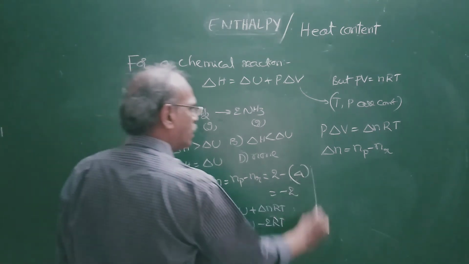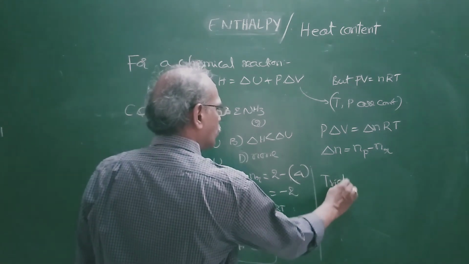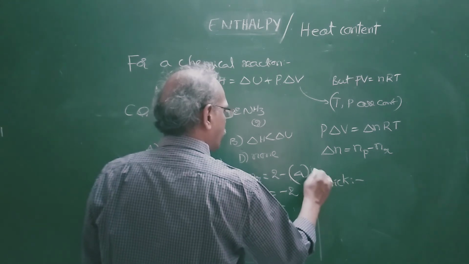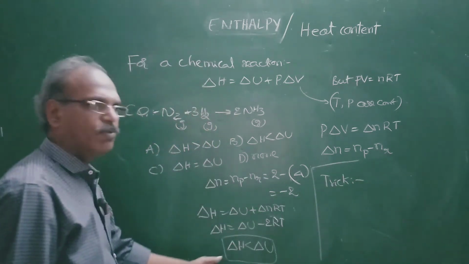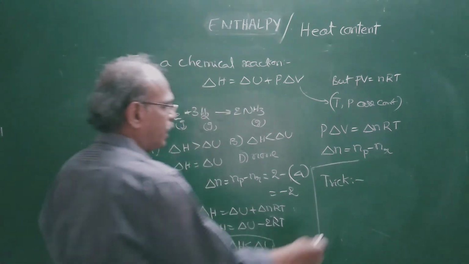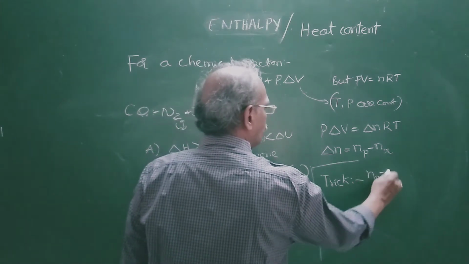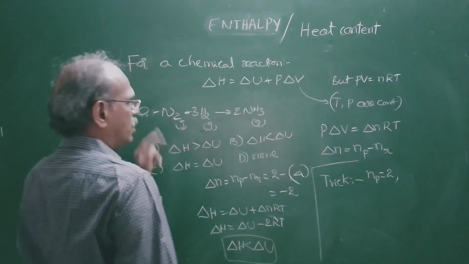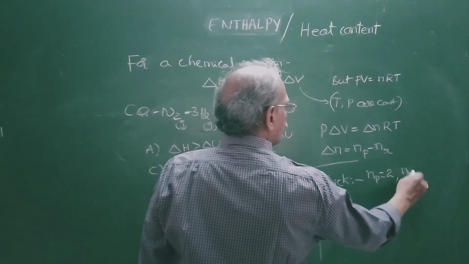See, one trick to answer this type of question directly without any work. What is the Np value here? 2. Nr value 4.